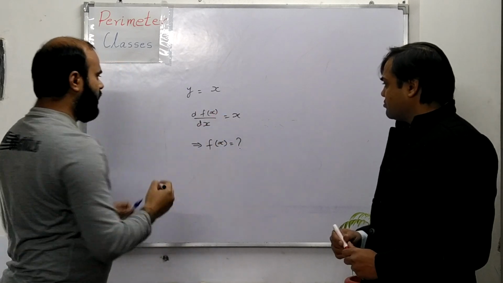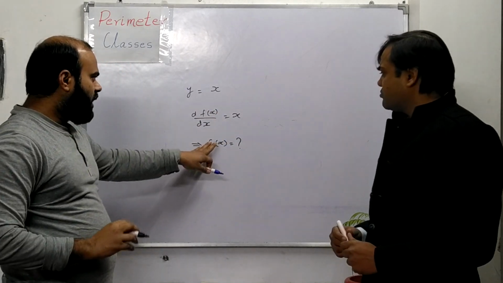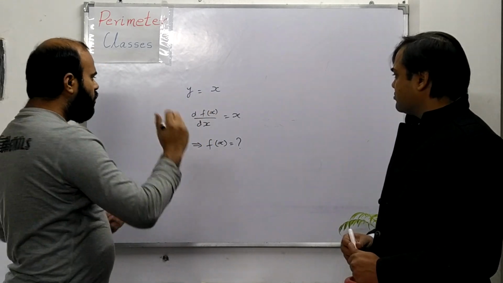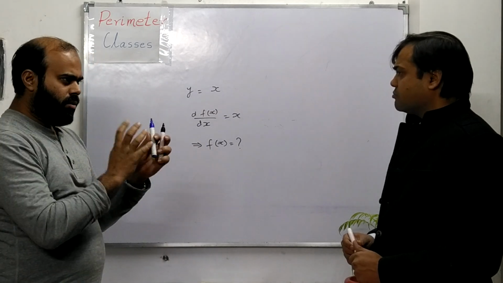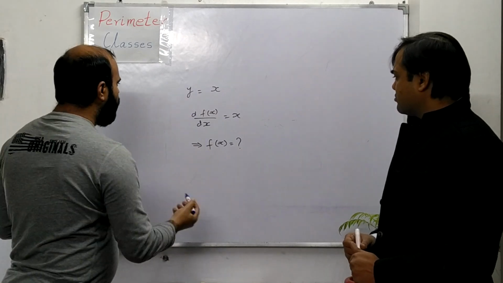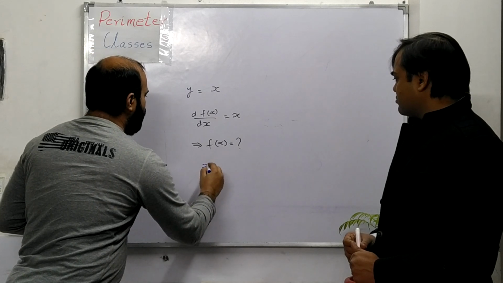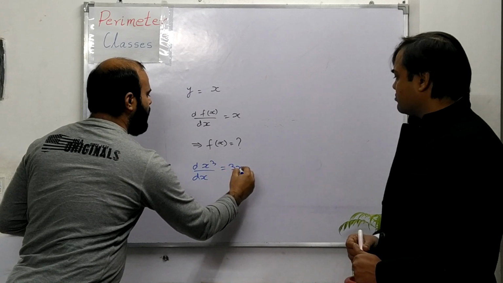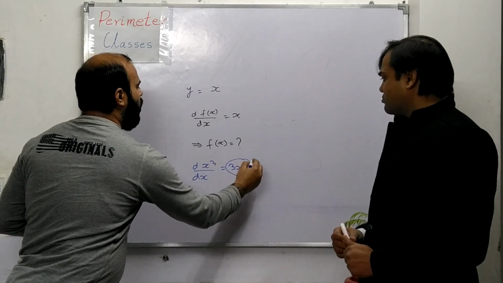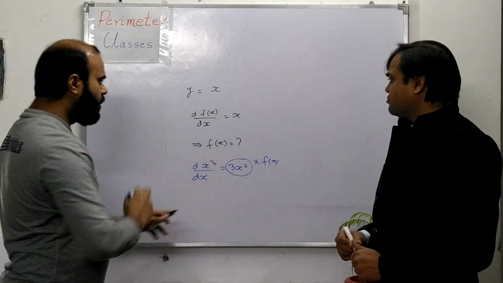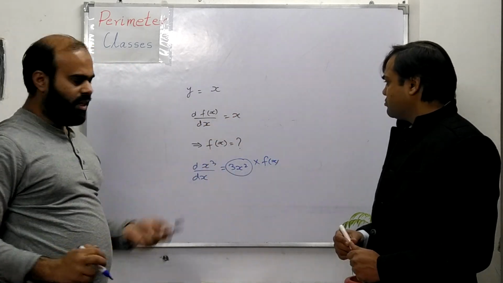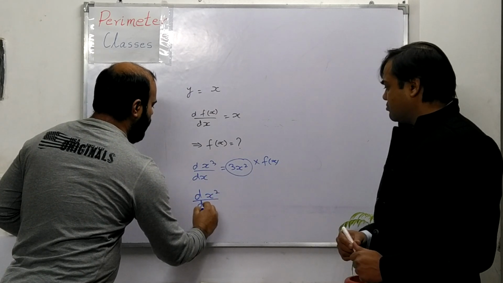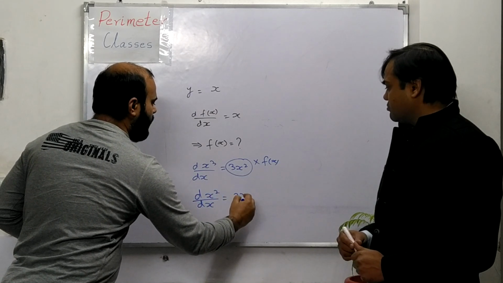So in that situation, as we see that f(x) is a function which gets differentiated to give x, we can do some hit and trial. Suppose I am taking f(x) as x cube and I am differentiating it. By differentiation it will give 3x square. So obviously this is not the function f(x) which we need, because the differentiation of f(x) has to be x. So if we decrease the power of x to 2, d of x square with respect to dx is actually 2x.